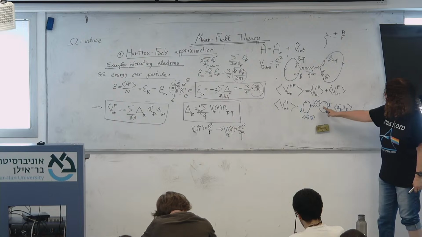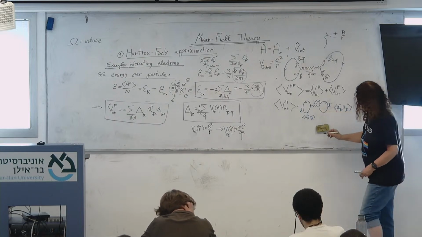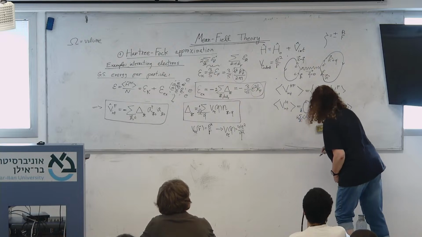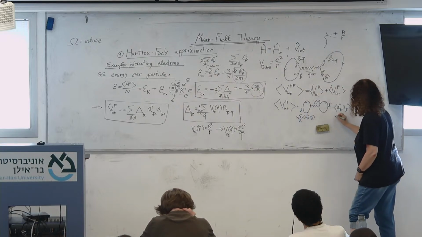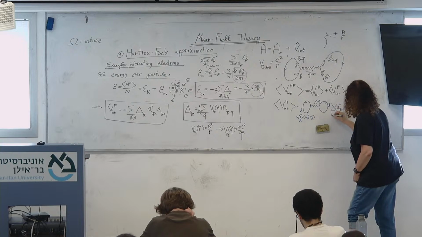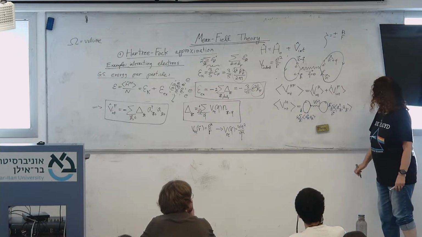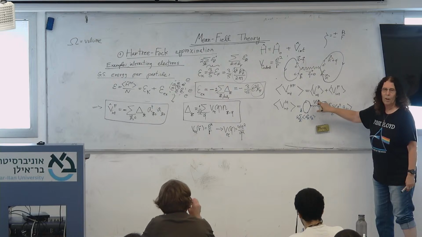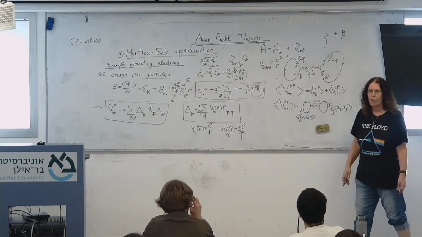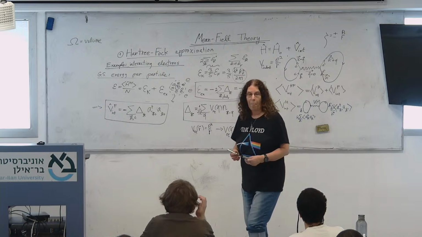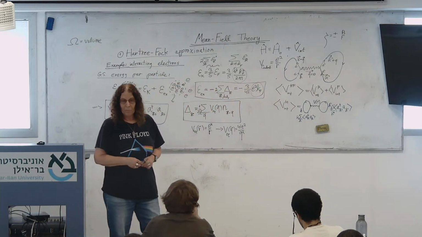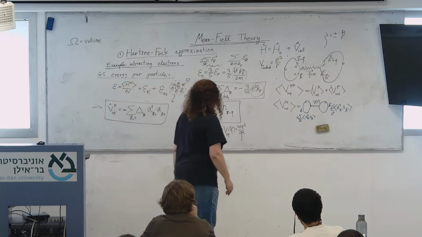And if you want to translate it to a calculation, then here I have to sum over k, multiply by the spin degeneracy, and I also have to sum over k prime and multiply by the spin degeneracy. I multiply this by v of 0, and I get the Hartree result, which is just n squared times v of 0.